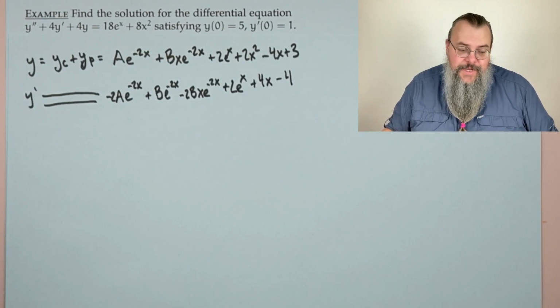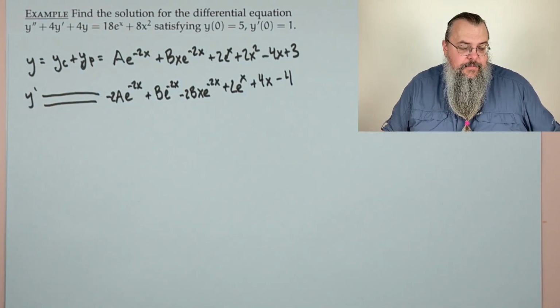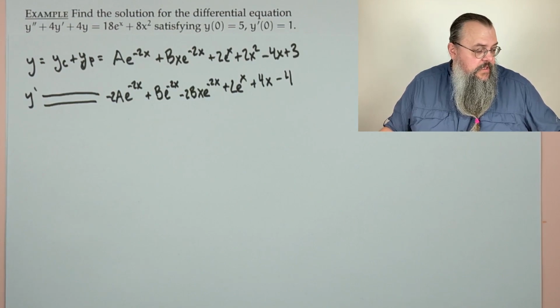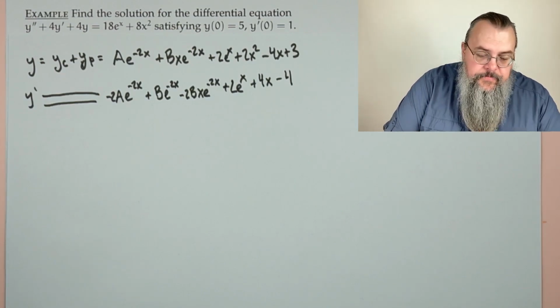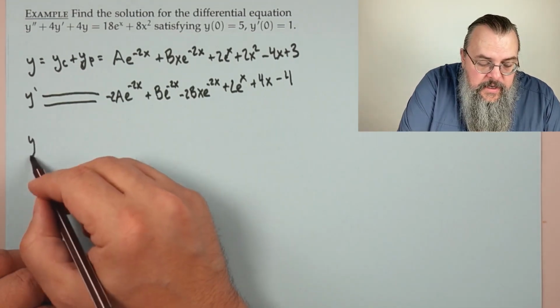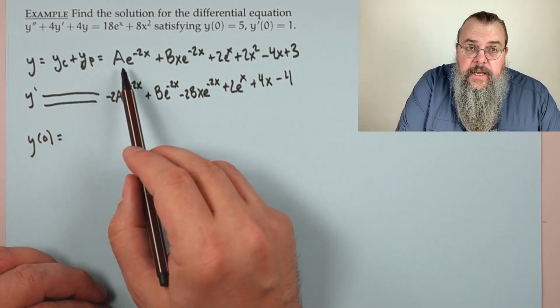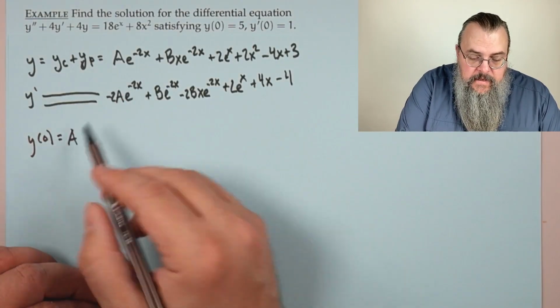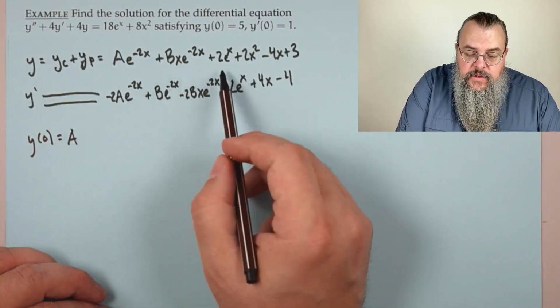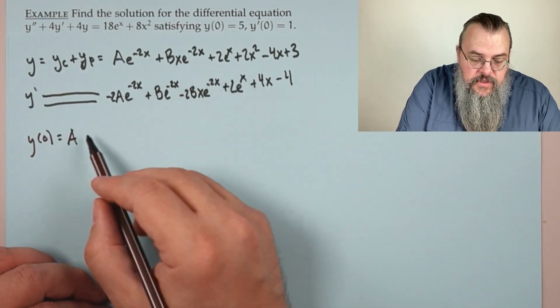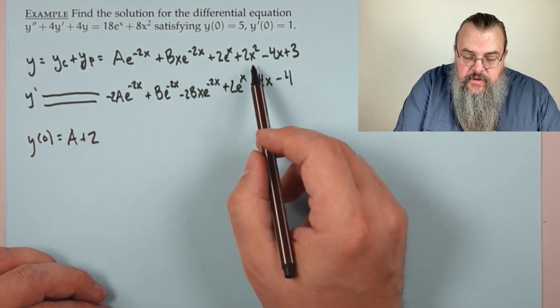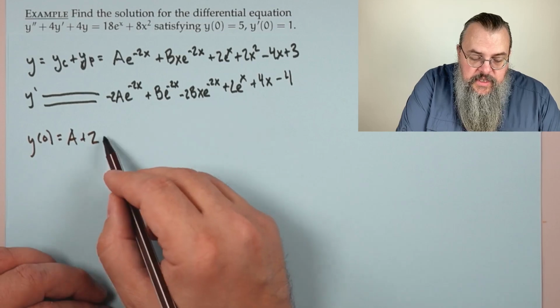Now, plug in. So we plug in our value, and let me grab a pen here. So y of 0. Okay, plug in 0. We're going to get a 0, there's a 2, and a 0, and a 0, and a plus 3.